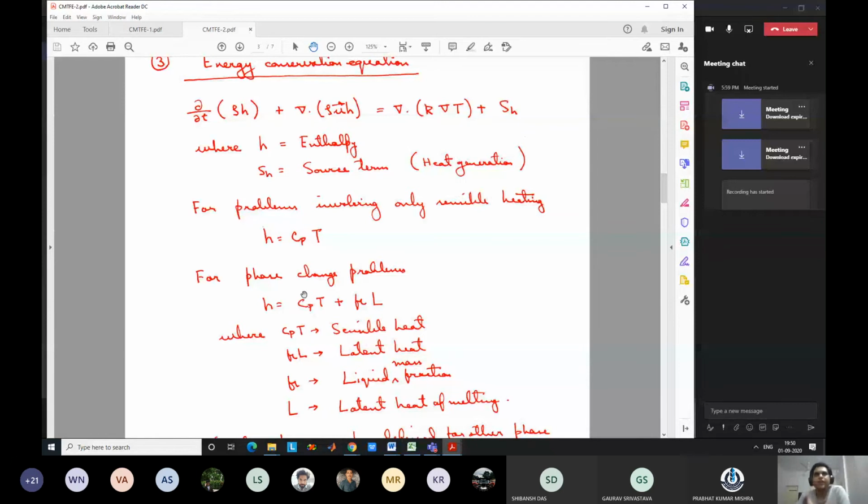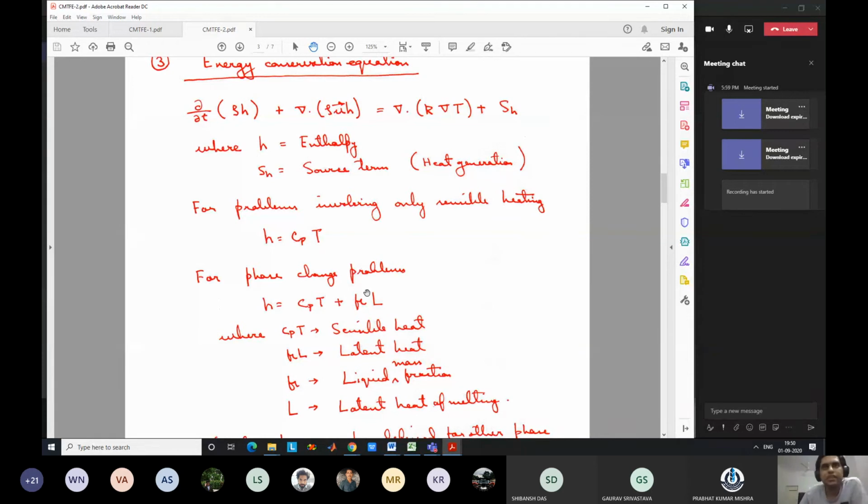If a control volume is fully liquid at the same temperature, what will be its energy content? If it is fully liquid, what is the mass fraction of liquid? It is 1. So it will be Cp into T plus L. And this is logical, right? We know that at the same temperature, the energy of the liquid should be higher than the energy of the solid by the amount L, where L is the latent heat of melting in that case.